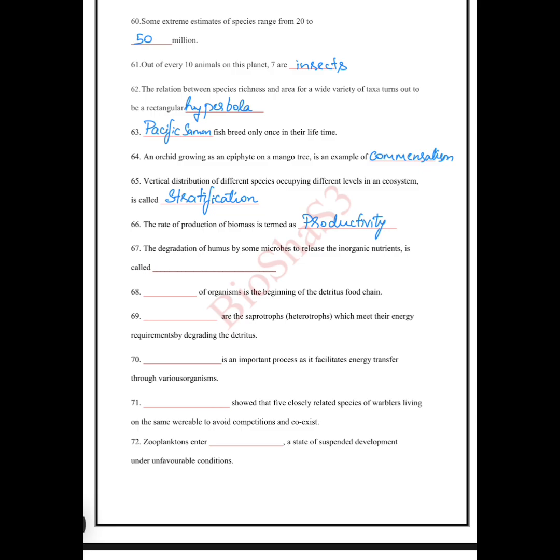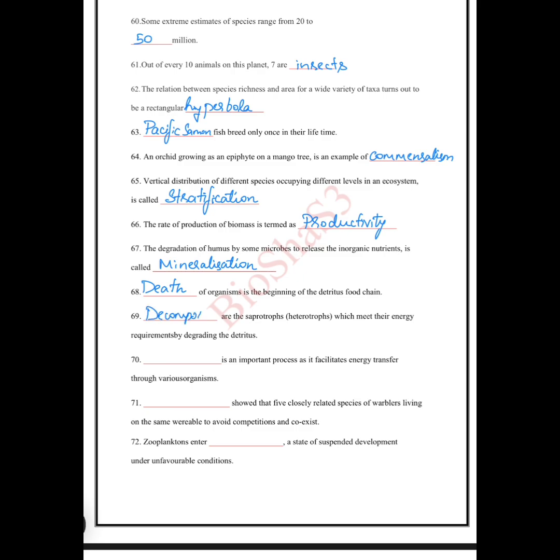The degradation of humus by some microbes to release the inorganic nutrients is called mineralization. Death of organisms is the beginning of the detritus food chain.